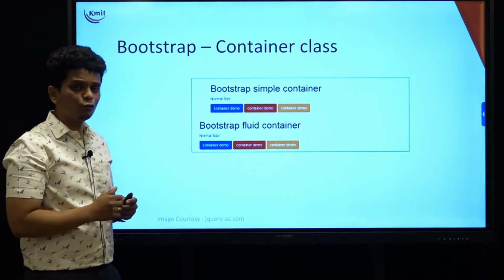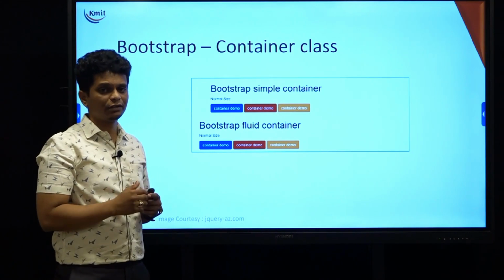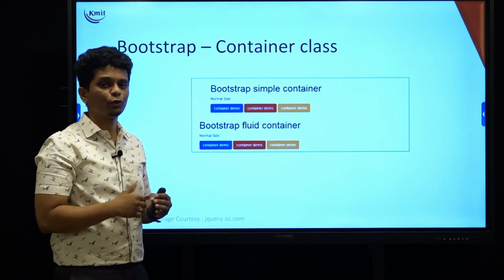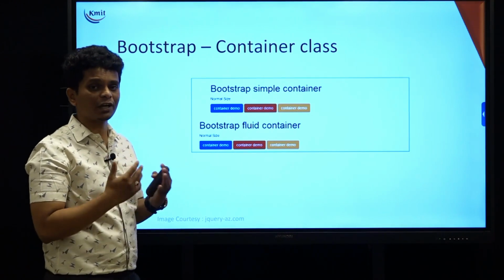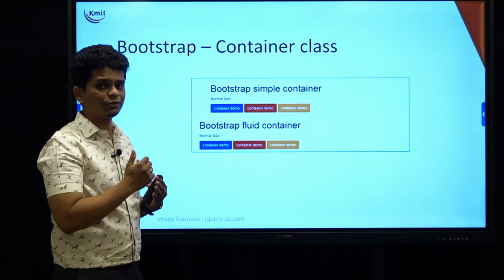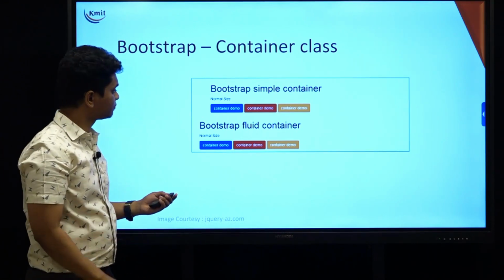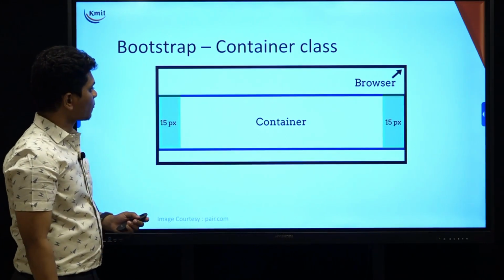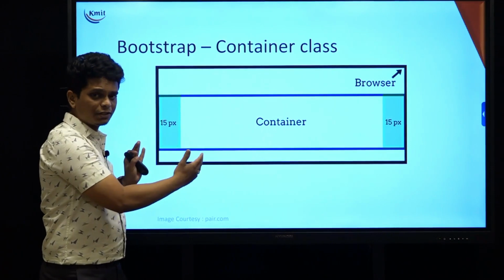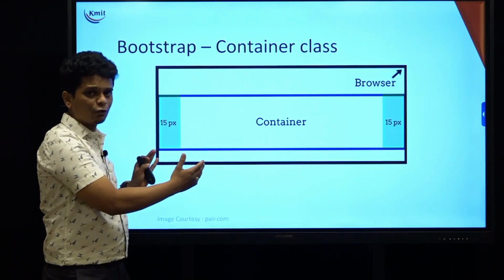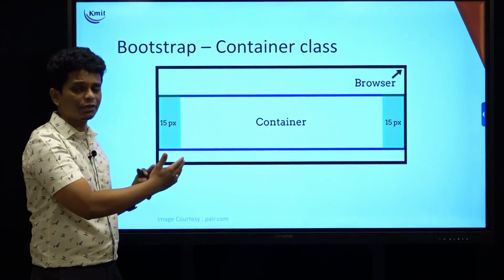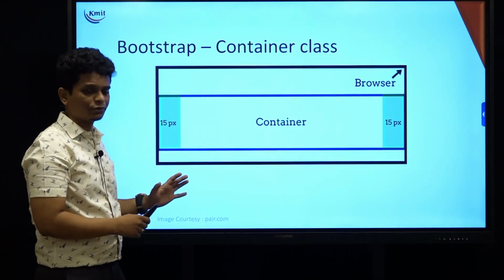So let us see what the dimensions of this container are and what its characteristics are, and most importantly, what kind of classes Bootstrap has given us for this container. So this is the container class. This is an imagined figure of how a container would look, or what dimensions a container occupies on a browser.